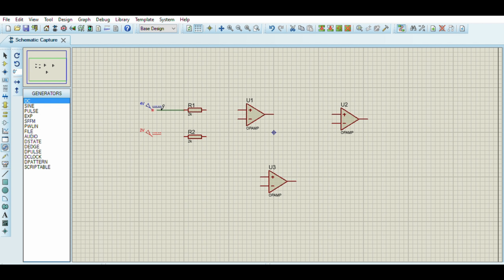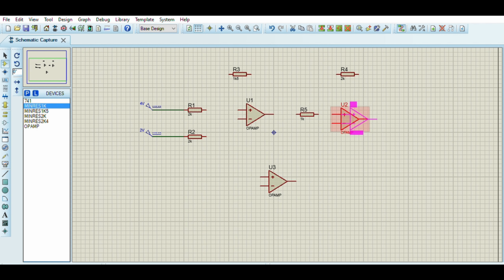So the DC generator is connected with the resistor, and we will place the 1.5K resistor at the top of the first op amp, the 2K resistor, and the 1K resistor is connected between these two op amps.